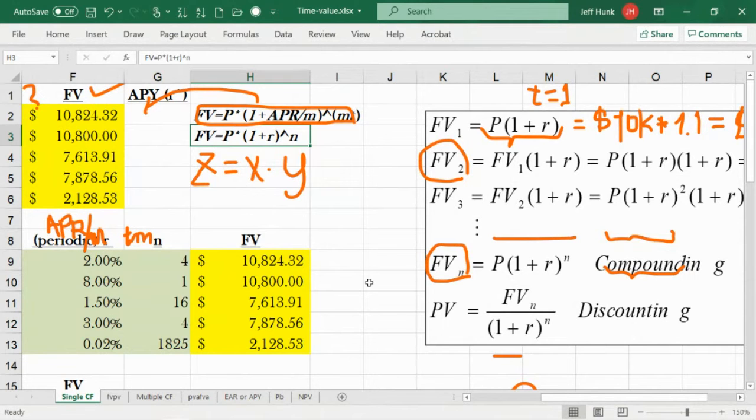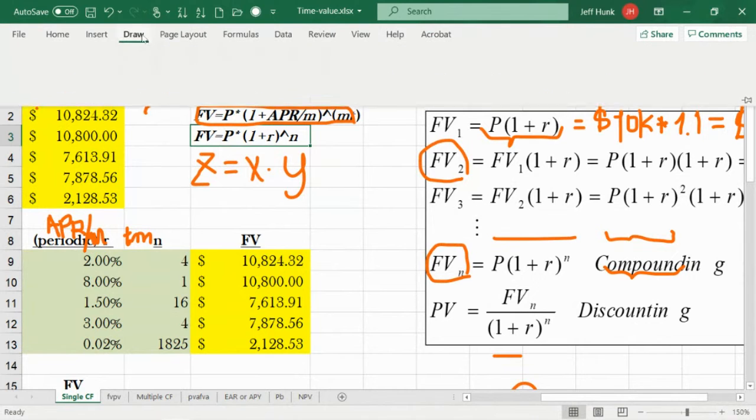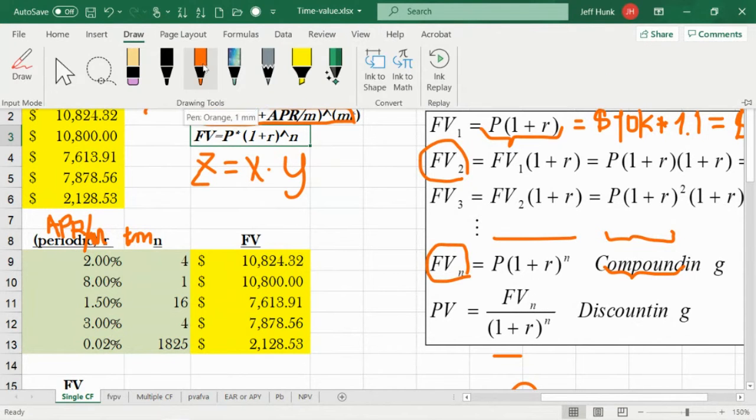Is it the P? Yes, P, yeah. Who was that? Mohammed, okay. So Mohammed, you got 0.25. Yeah, P is x. So solving for x, we know what to do.